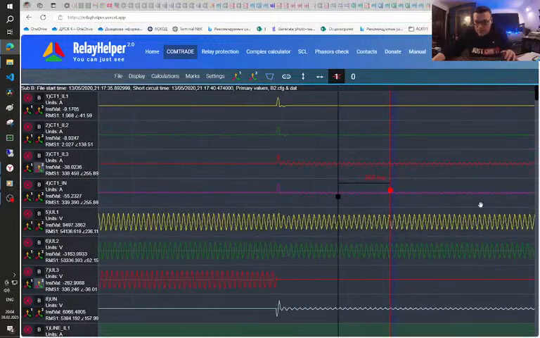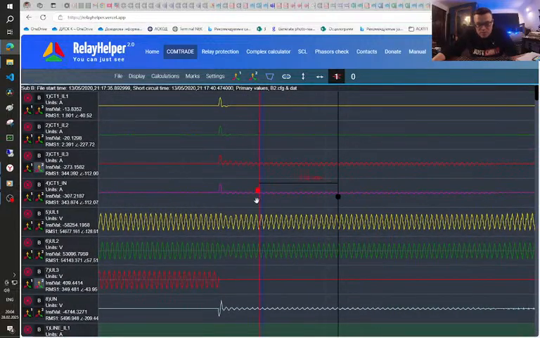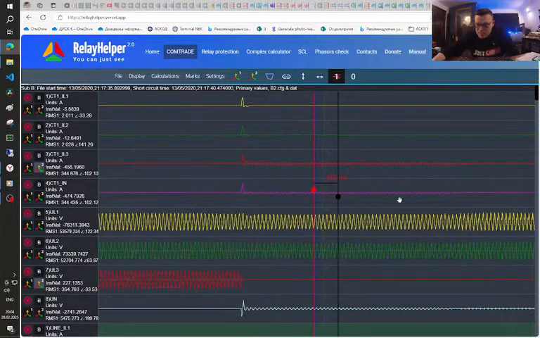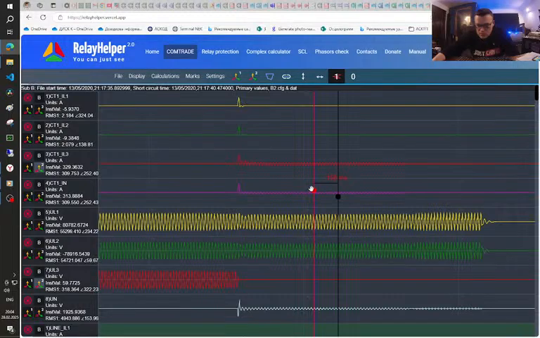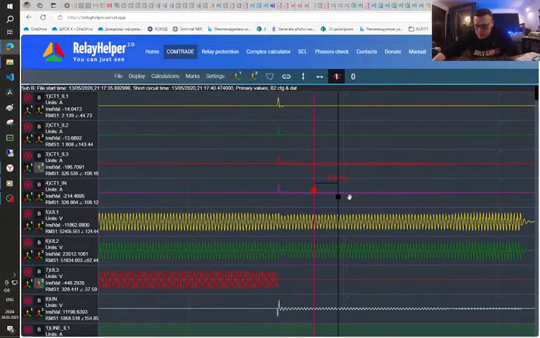And because of the very low zero sequence current, we see such a long tripping time.